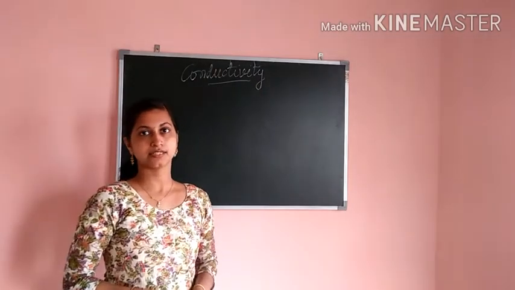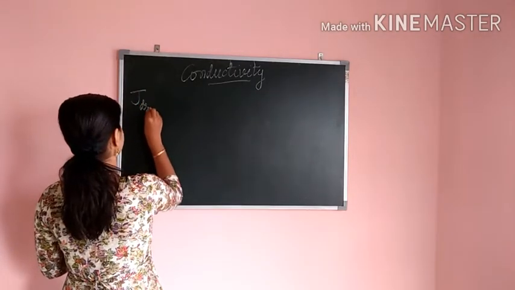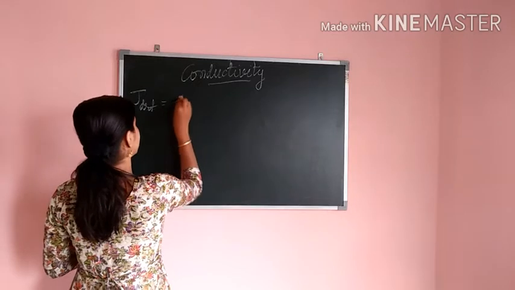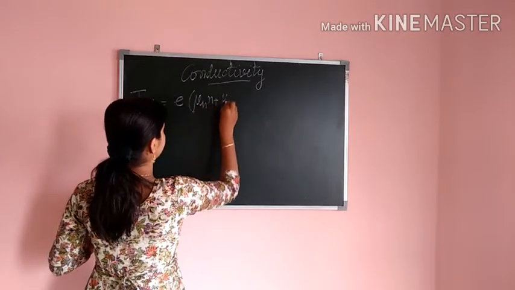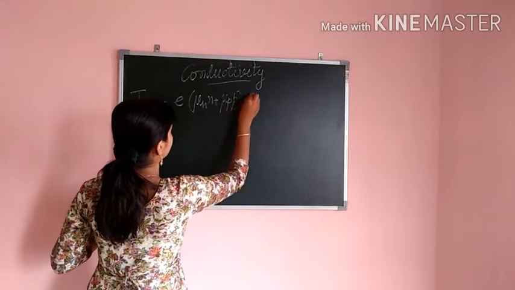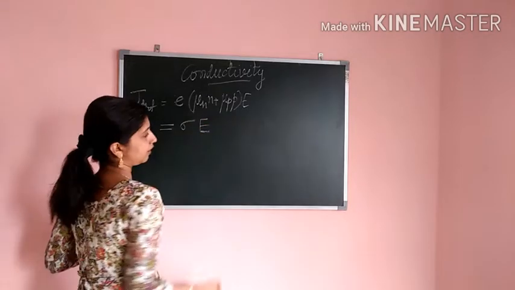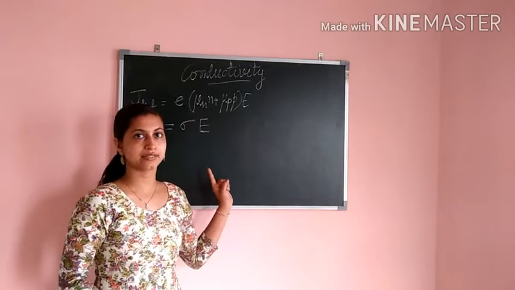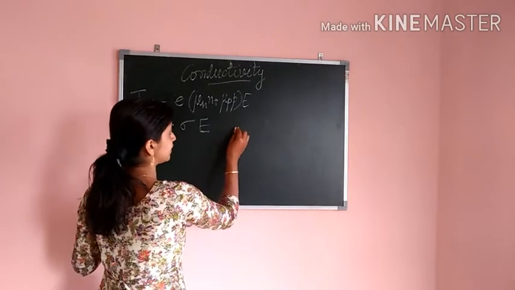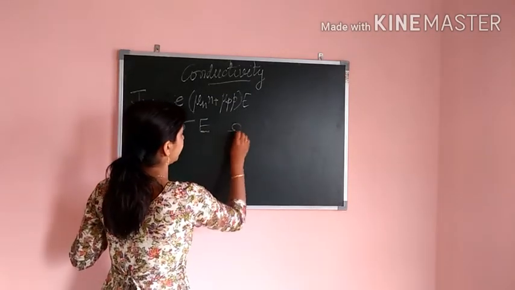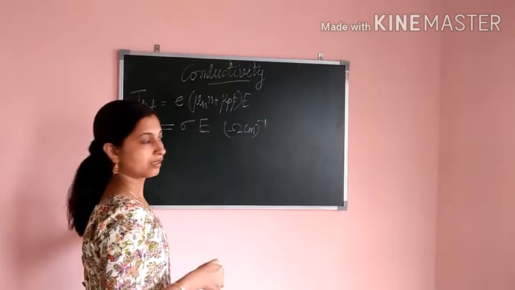The drift current density of a semiconductor can be written as J_drift = e(nμn + pμp)E, which can be rewritten as σE, where σ is the electrical conductivity of the semiconductor material and its unit is (Ω·cm)⁻¹.